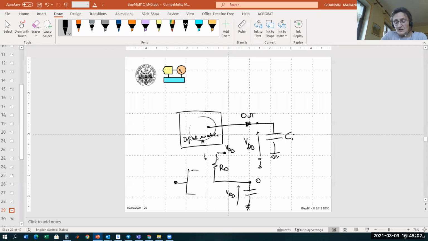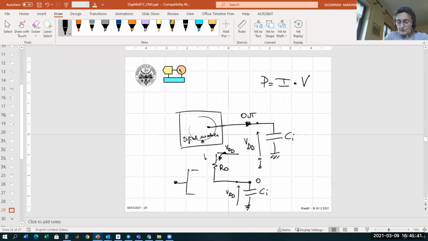So in this steady state condition with output high, do we have power consumption? Are we requiring any kind of energy from the voltage supply? No, there's not, because the power consumption P is given by current times voltage.